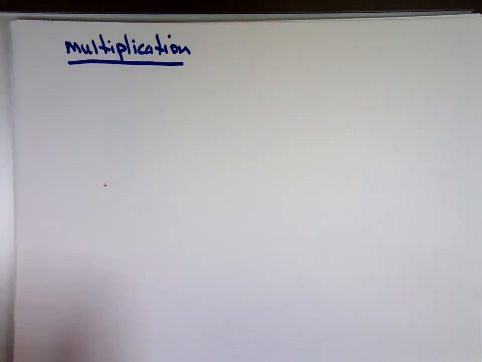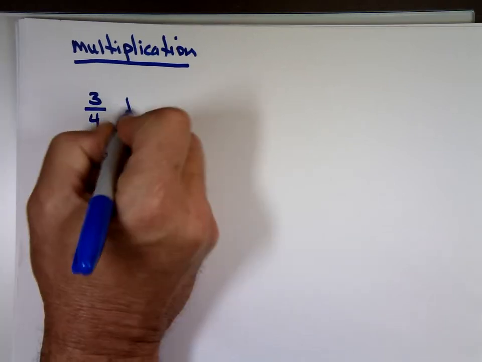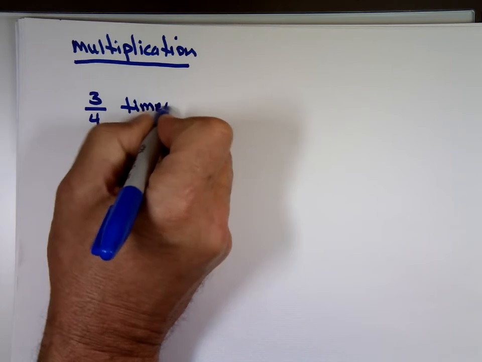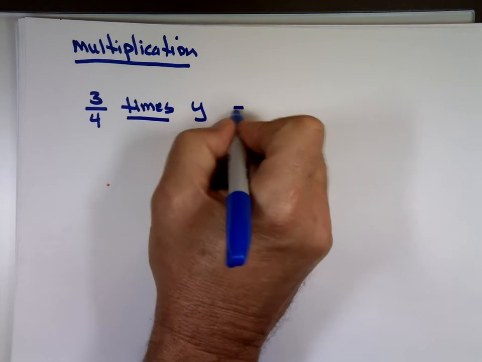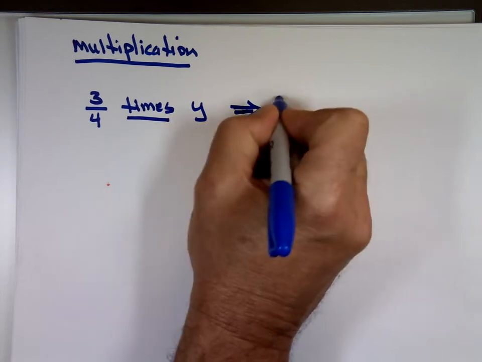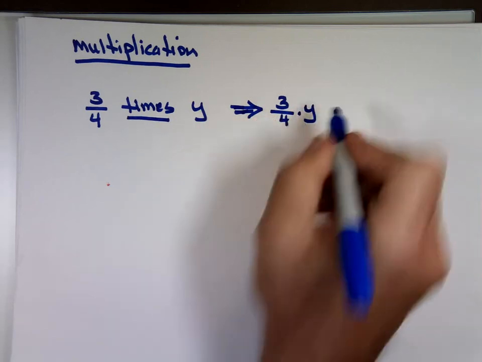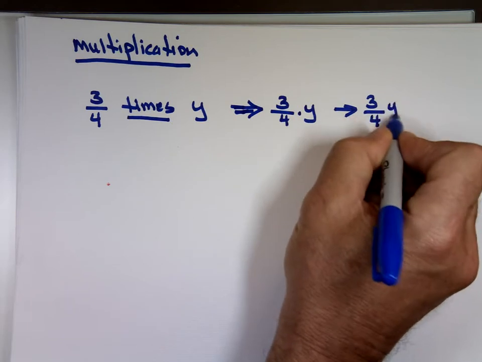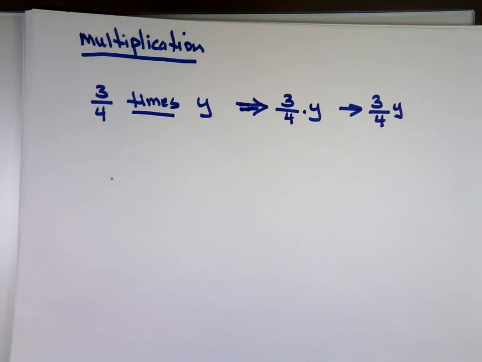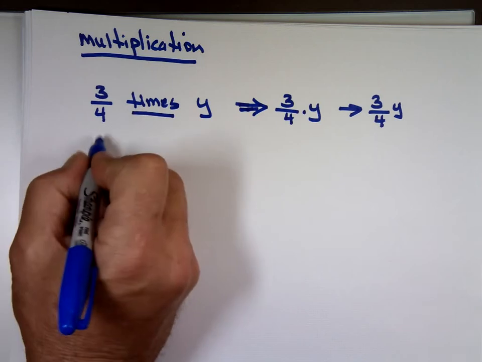If I wrote 3/4 times y. Times means multiplication. That means 3/4 times y. Now we usually don't put the multiplication symbol, so we might write that 3/4y. Or instead of the difference and the sum, we use what? The product.